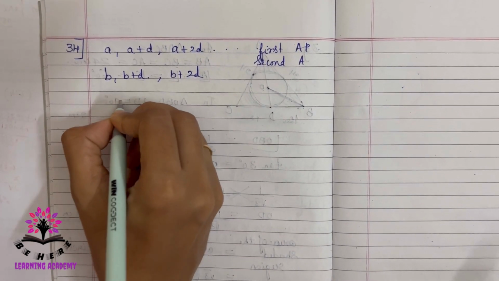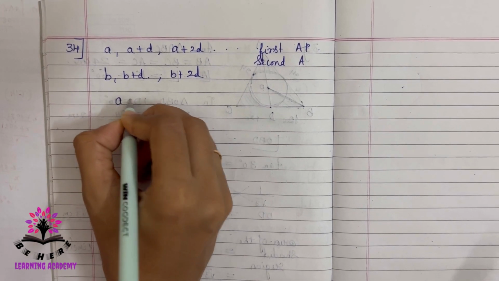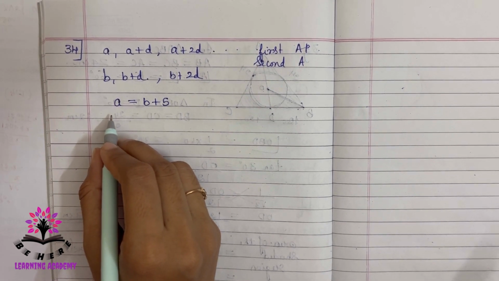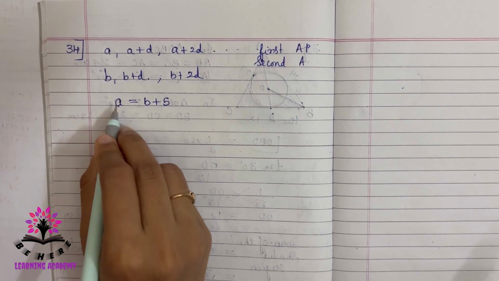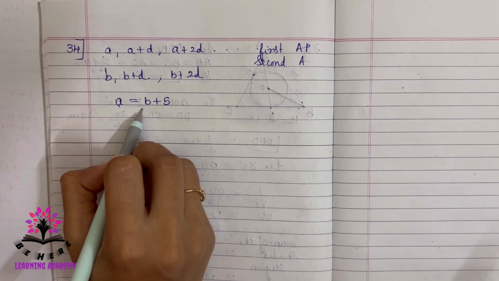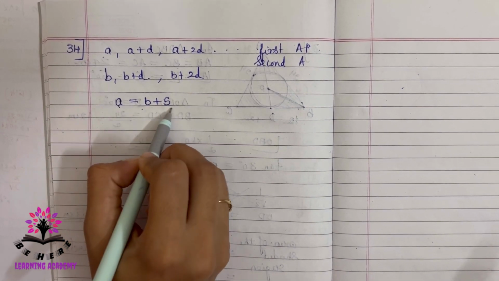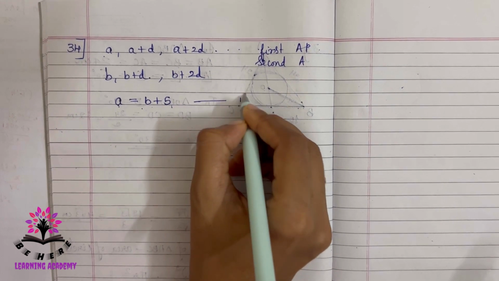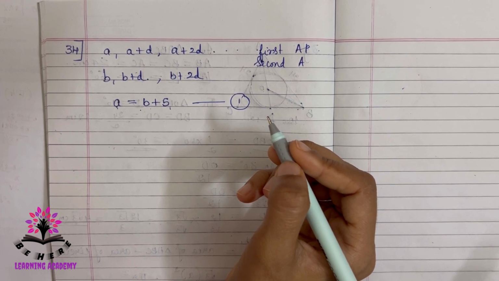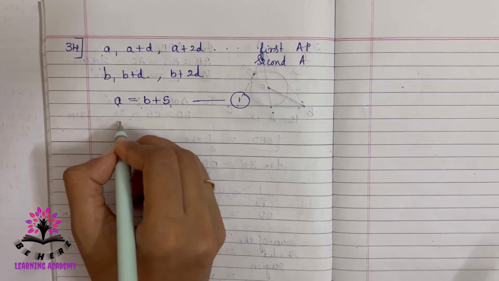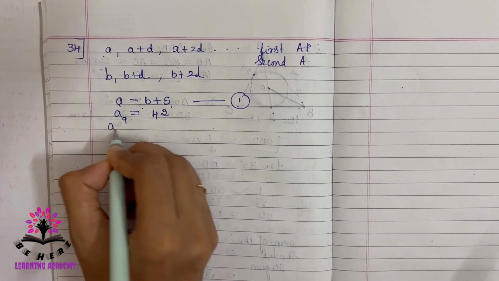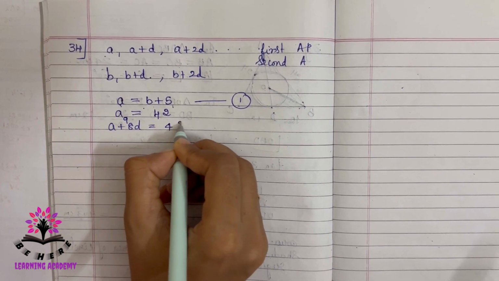So according to the question, I will write the equation as A is equal to B plus 5. It is given in the question that the first term of the first AP, A, is found to be 5 more than the first term of the second AP. So I can write it as A is equal to B plus 5. I will name it as equation number 1. And further they have given, the ninth term of the first AP is 42. I can write it as A plus 8D will be equal to 42.